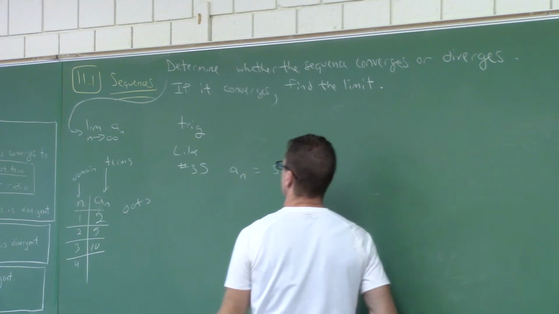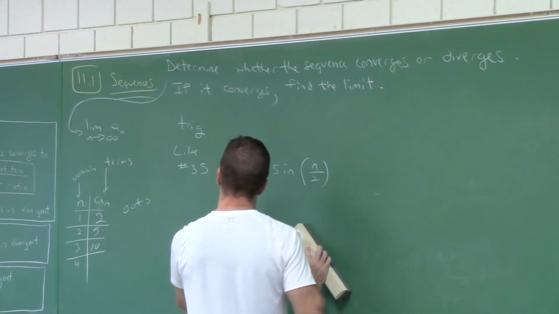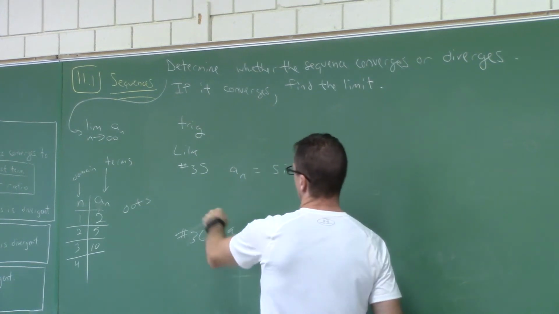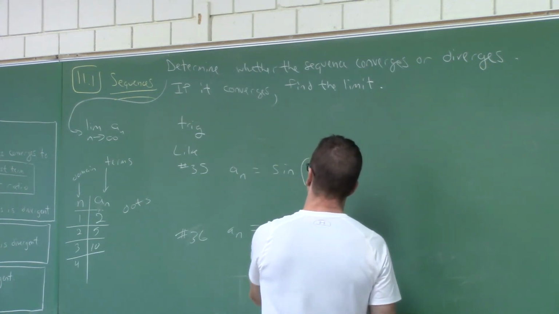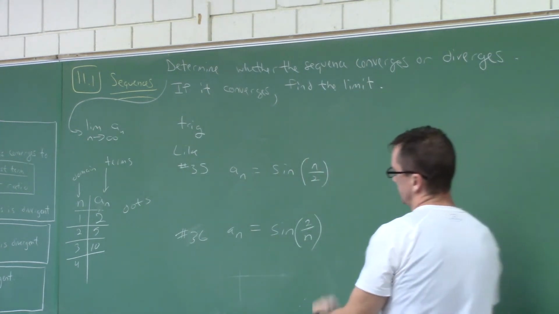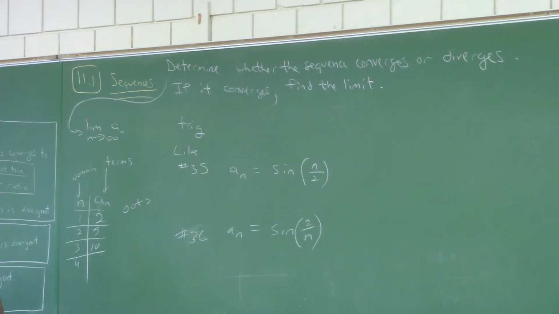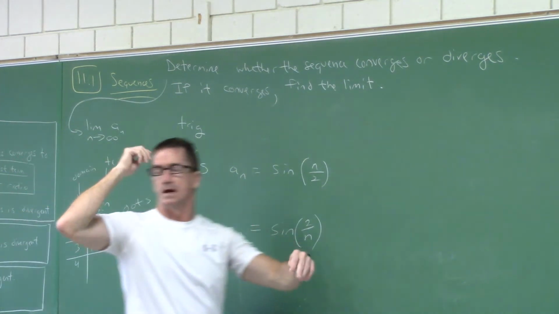Let's think about that sequence. 36 does something like this. These are like these problems. You get 2 totally different answers. By the way, the problem in the book has a cosine.